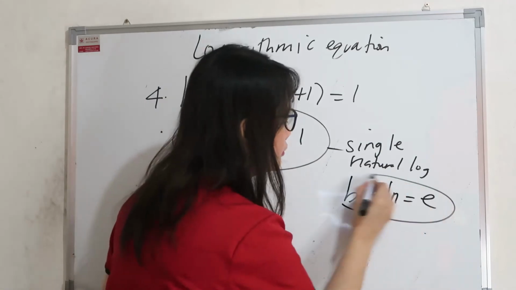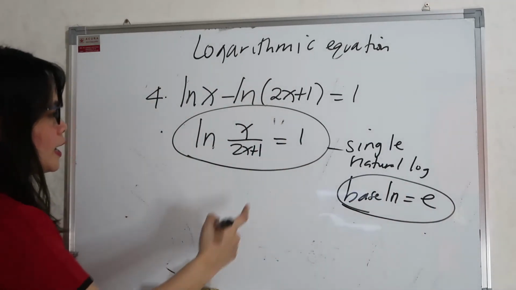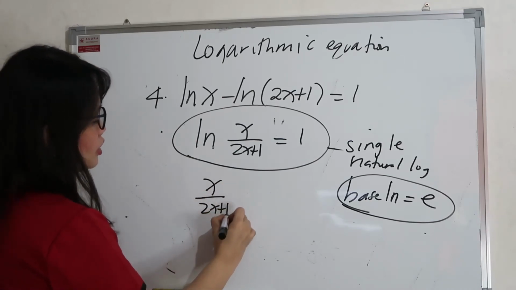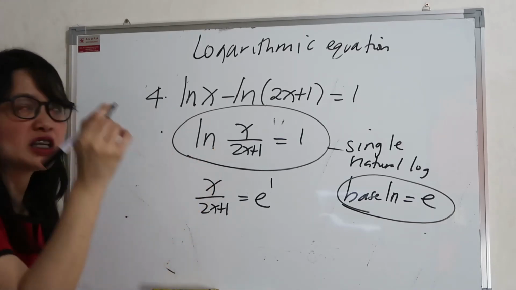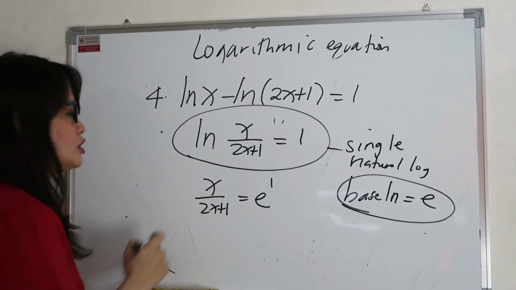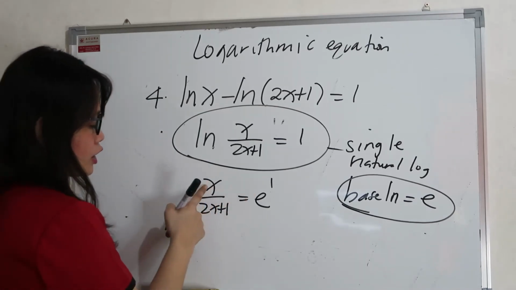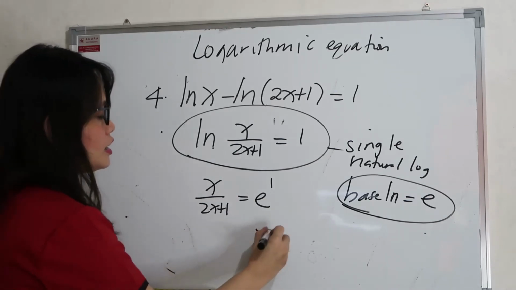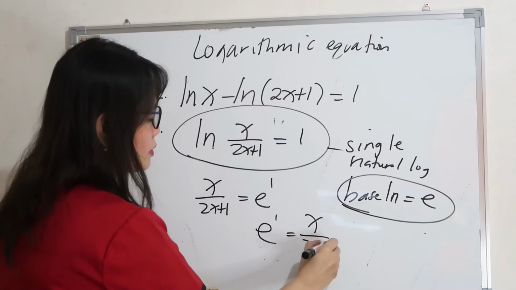Lagi yan. The base of ln is always e. So therefore, it will become x over 2x plus 1 equals e raised to 1. Okay? Since yung base ng ln is e. So I do have x over 2x plus 1 equals e raised to 1, which is the same as e raised to 1 is equal to x over 2x plus 1.